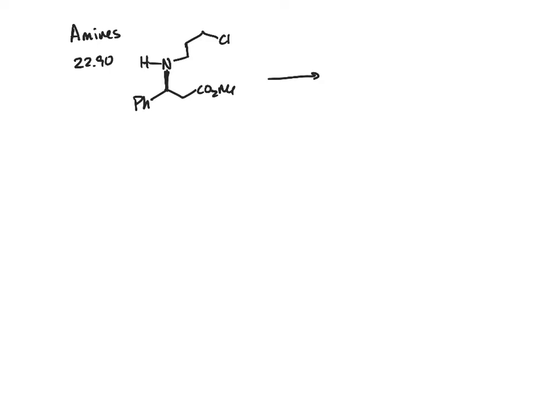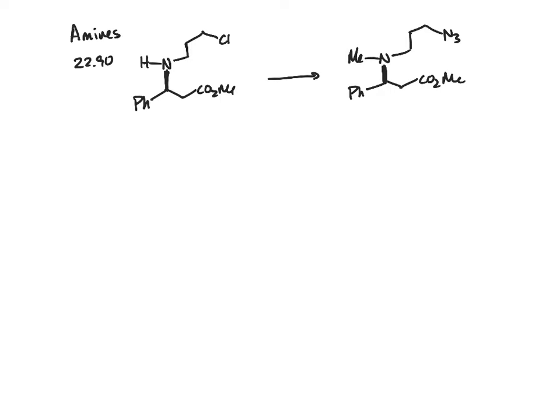So in this problem, they're asking how would you carry out the following transformations? Does that say ME, the CO2 is an ME? Yeah. So there are 2 steps that you need to carry out to accomplish this.